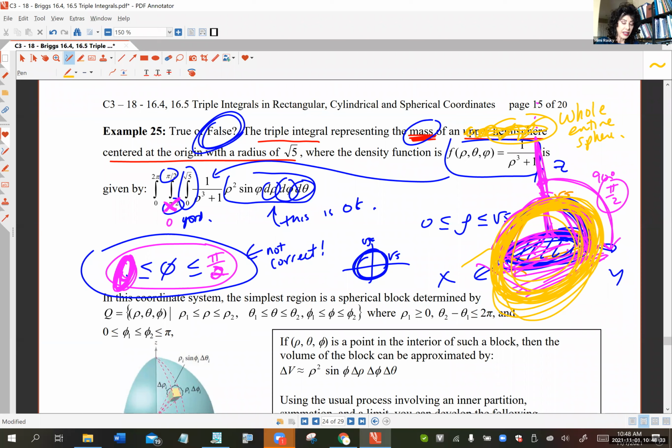All the limits would be the same. The only limit that would change would be phi. So I claim the lower limit would still be 0, but the upper limit would be pi. Very good. If it were the entire sphere, we were trying to find the mass. And that's important for you to know. And if you got that, you're halfway there.